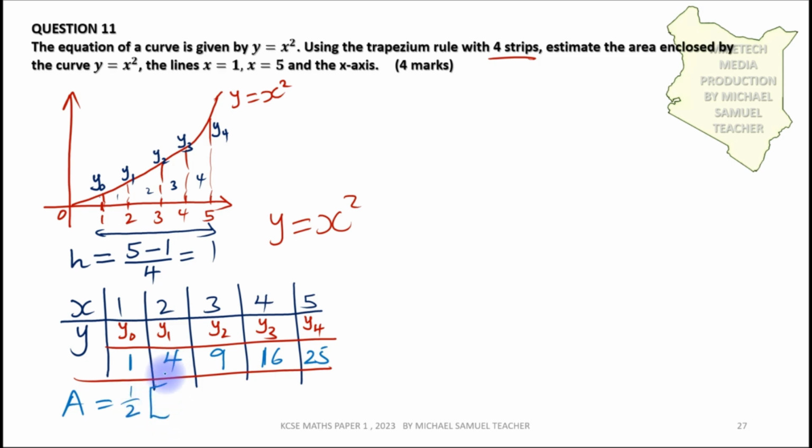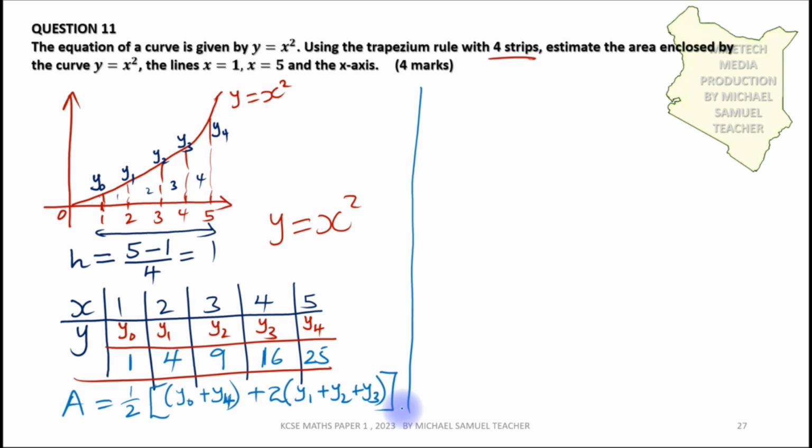Square bracket, we have y0 plus y4, those are the extreme heights, plus 2 times the bracket y1 plus y2 plus y3. Close the bracket, then close the square bracket. Then we substitute.